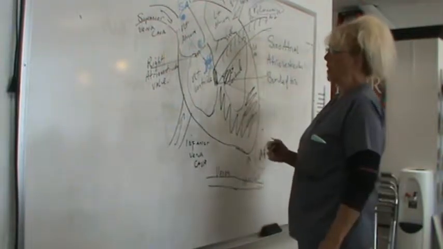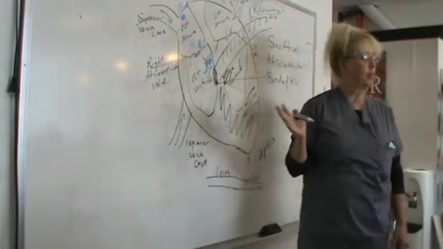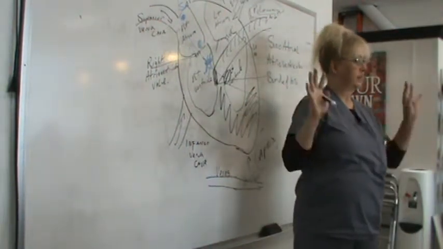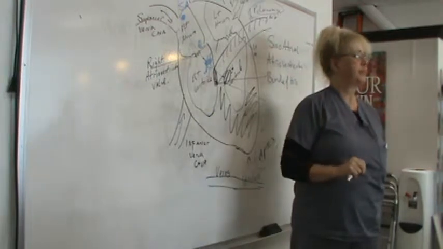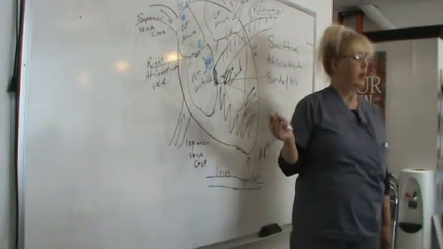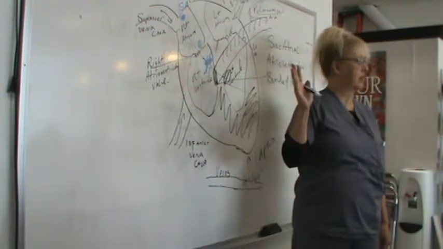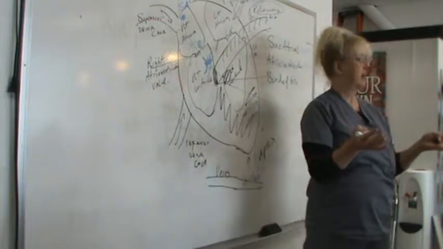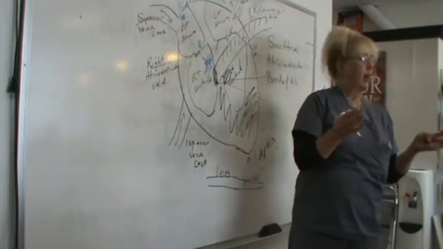Okay, now from the bundle of His, there are what we call bundle branches throughout the entire heart. Typically, a lot of these are in the myocardium, right? You've got the layers of the heart. What are the layers of the heart? You have the outer pericardial sac, or the pericardium.